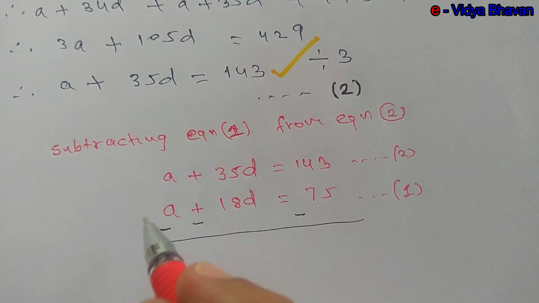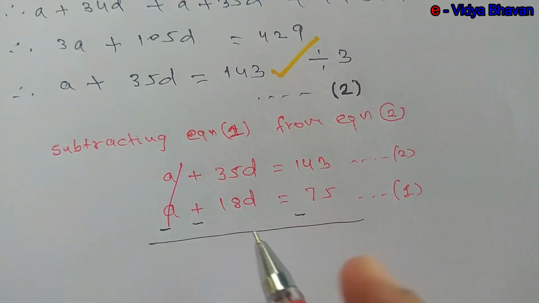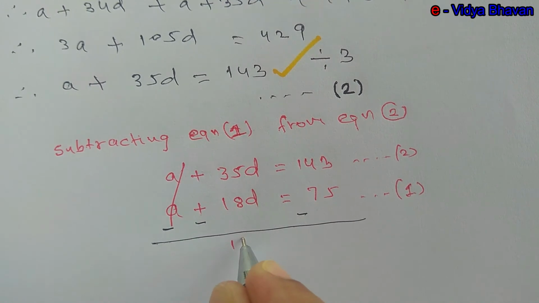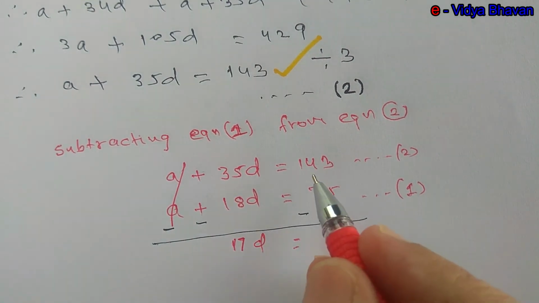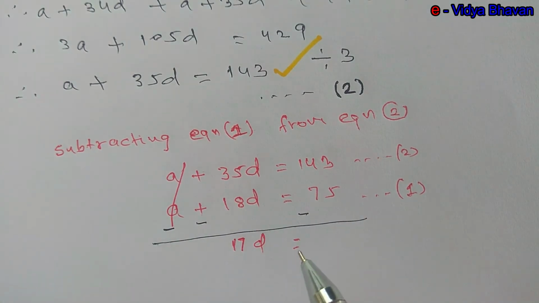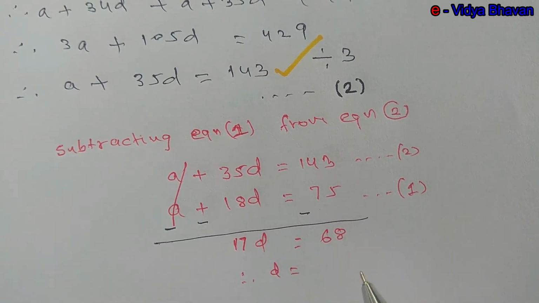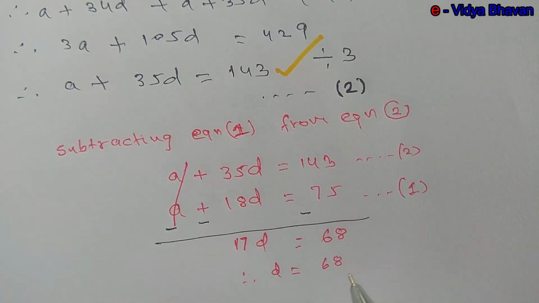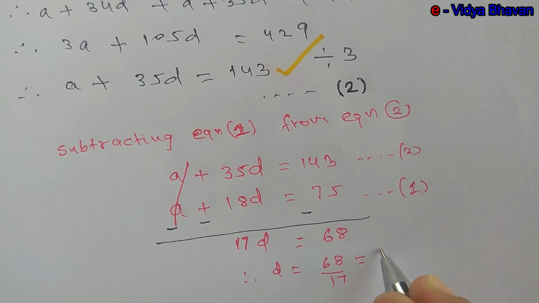So a and a get cancelled. 35d minus 18d is going to give me 17d equal to 143 minus 75, which gives me 68. Therefore, d is equal to 68 divided by 17, which is equal to 4.